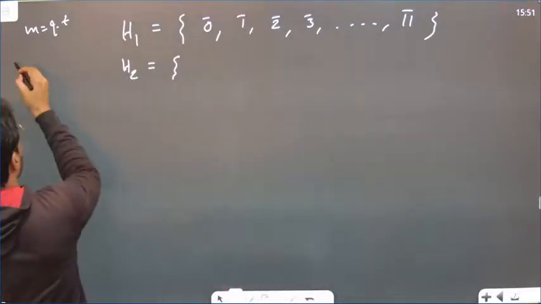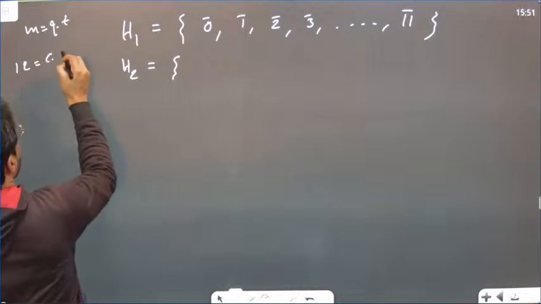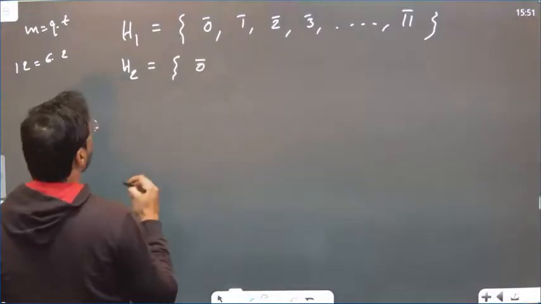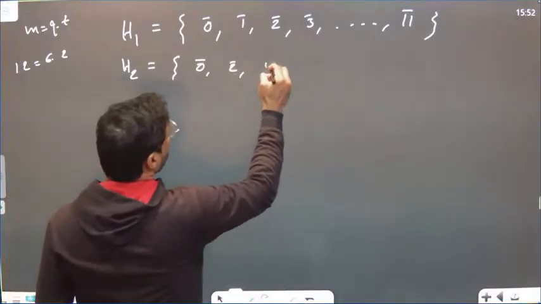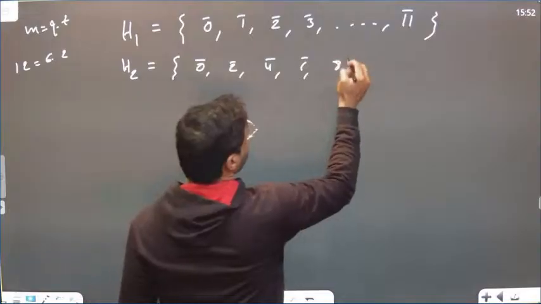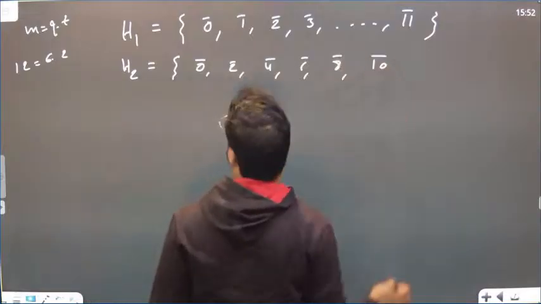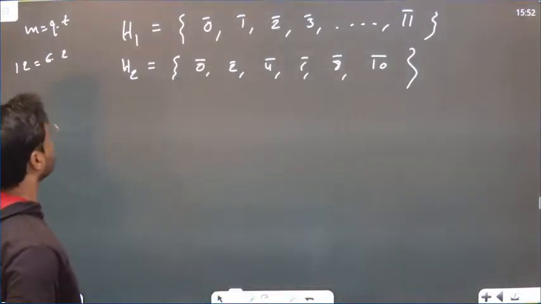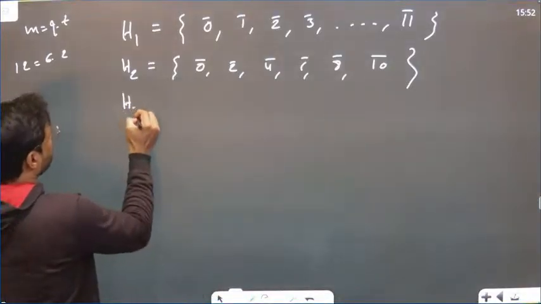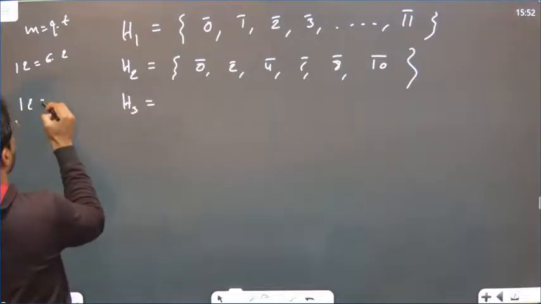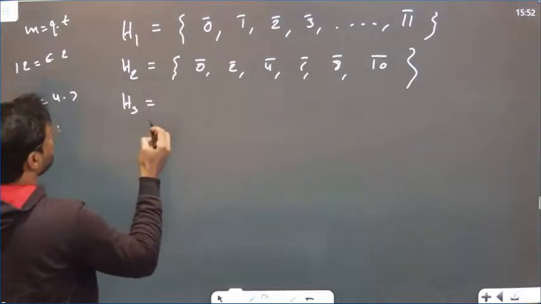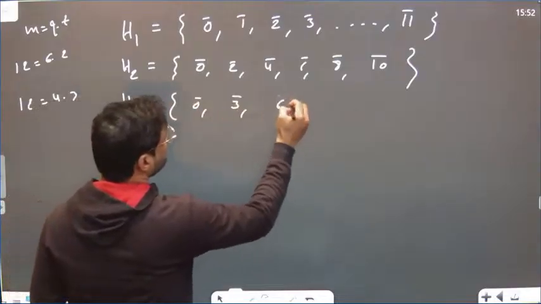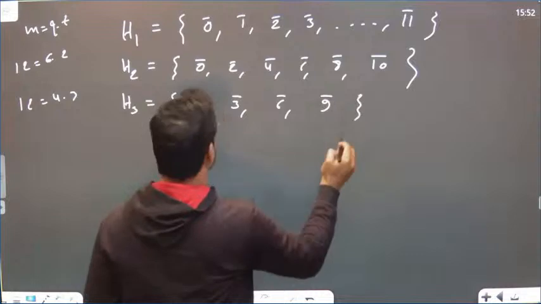Corresponding to divisor 2, you can see that 12 is 6 into 2, so obviously we'll get 0, 2, 4, 6, 8, and 10. Corresponding to divisor 3, 12 equals 4 into 3, so that means 0, 3, 6, 9.